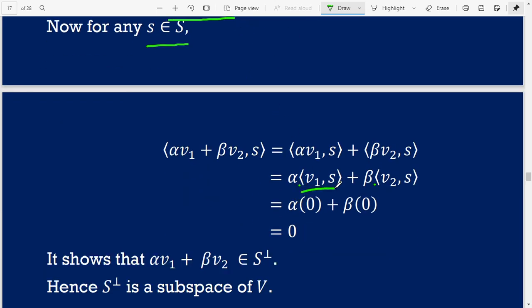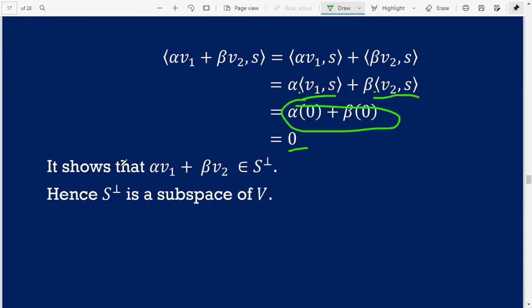So this is equal to 0. So it shows that alpha V1 plus beta V2 belongs to S orthogonal. Hence, S orthogonal is a subspace of V.